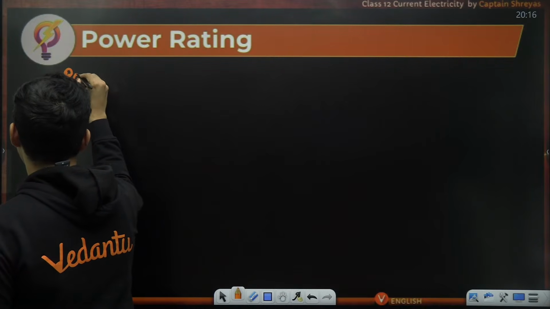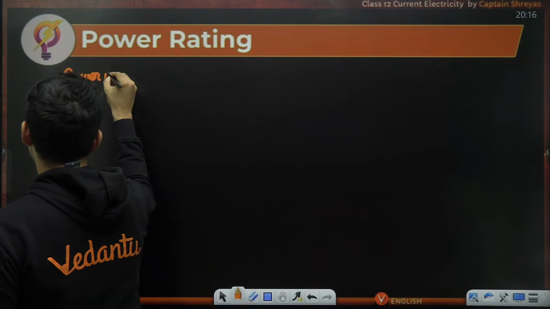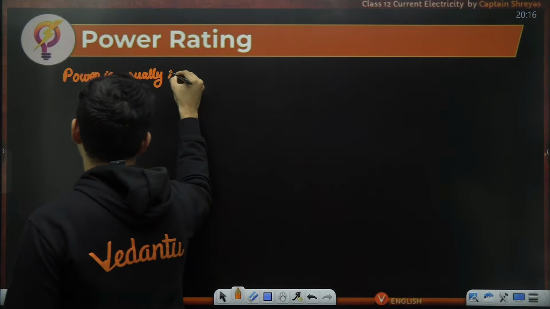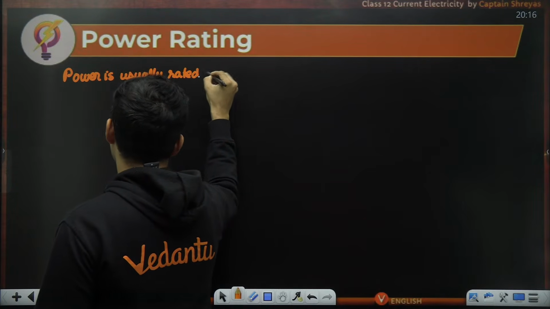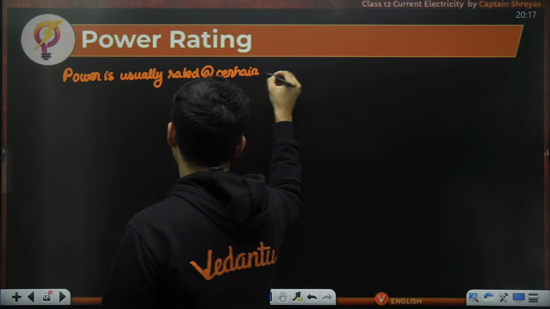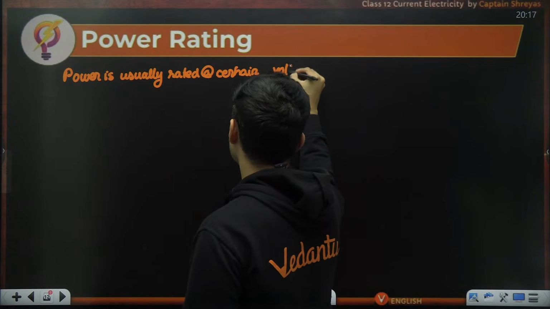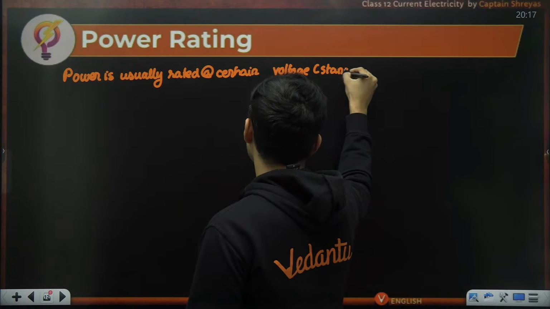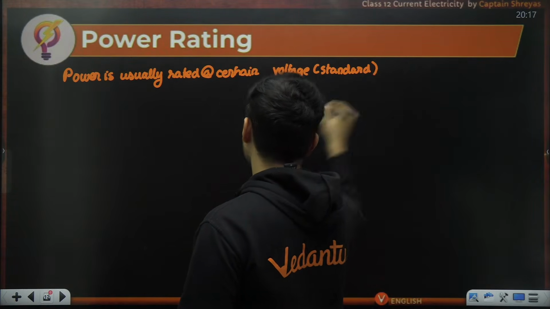So power is usually rated at a certain voltage which is generally considered as standard.